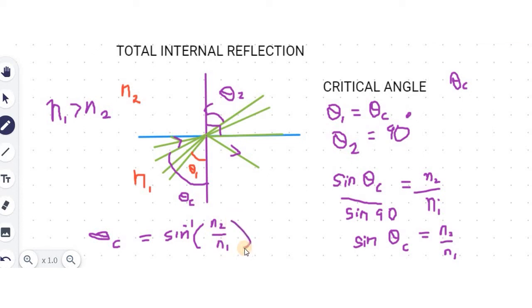So this is called the critical angle. This is the angle at which total internal reflection takes place when a light ray travels from a denser medium to a rarer medium.